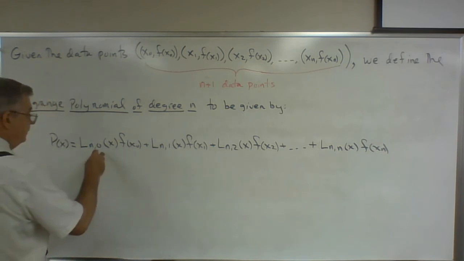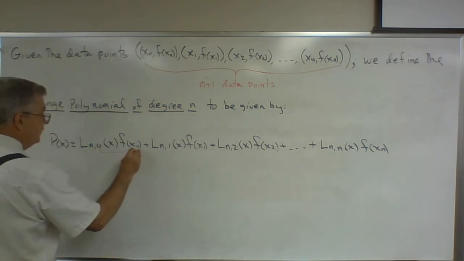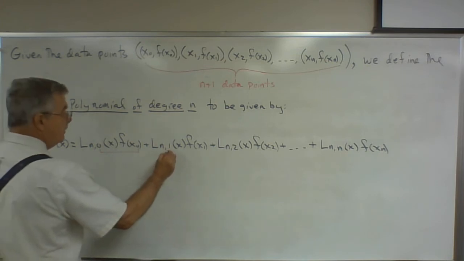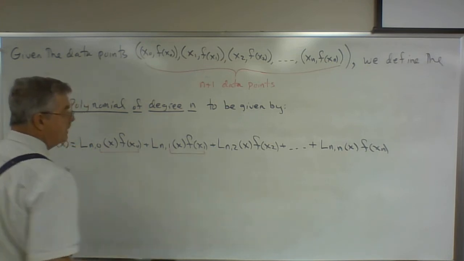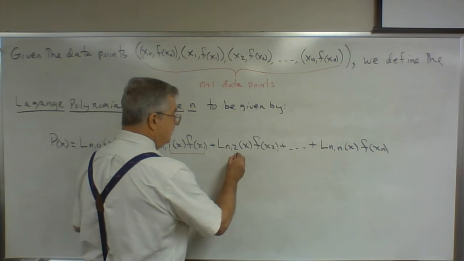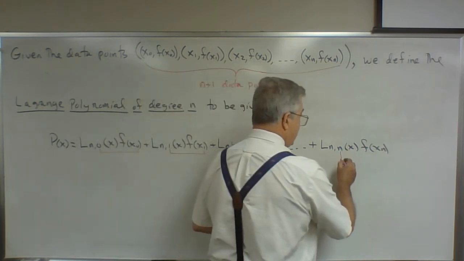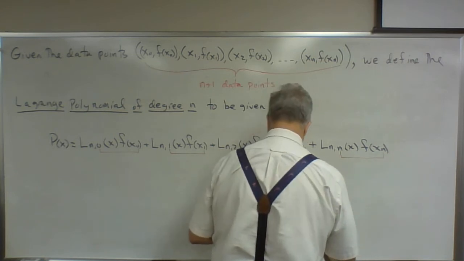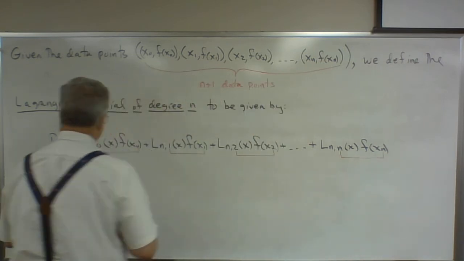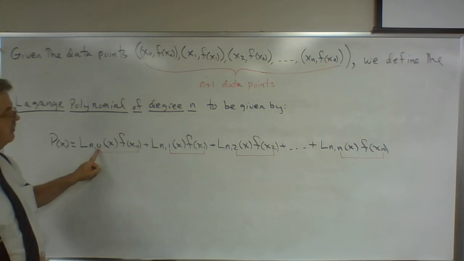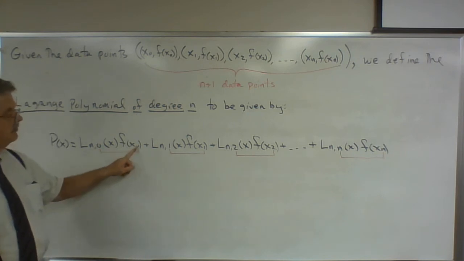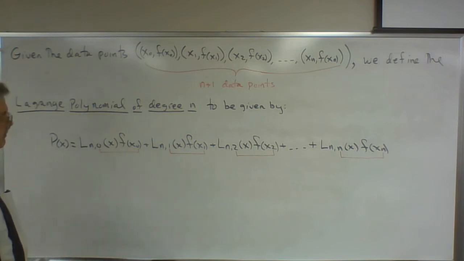So notice this: 0 pairs up with 0, 1 pairs up with 1, 2 pairs up with 2, n pairs up with n. So the second subscript matches the subscript of the x value that f is evaluated at.